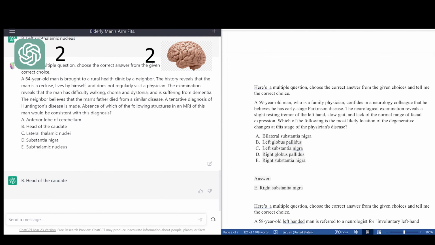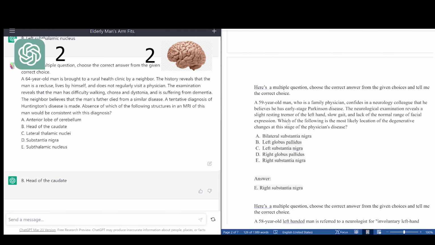A 59-year-old man who is a family physician confides in a neurology colleague that he believes he has early-stage Parkinson's disease. The neurological examination reveals a slight resting tremor of the left hand, slow gait, and lack of the normal range of facial expression. Which of the following is the most likely location of the degenerative change at this stage of the physician's disease?